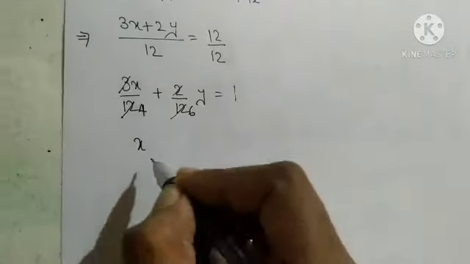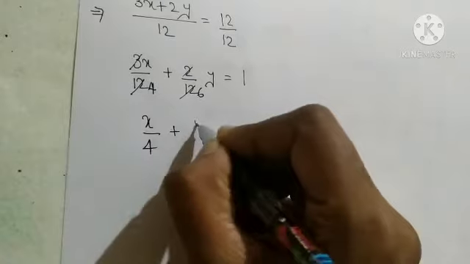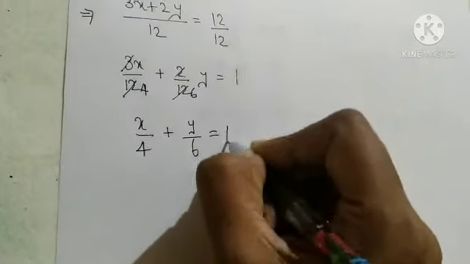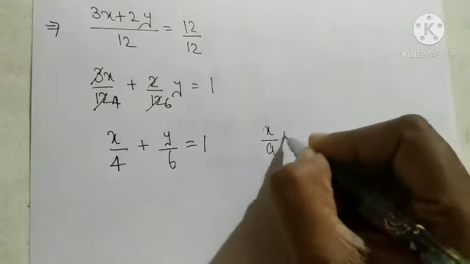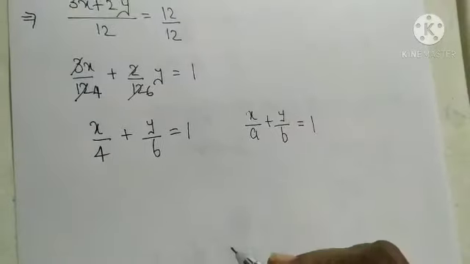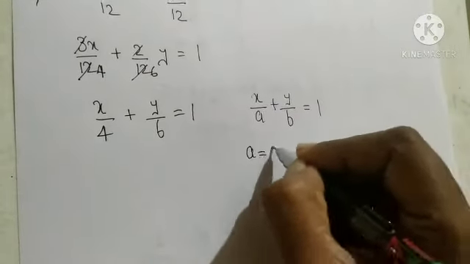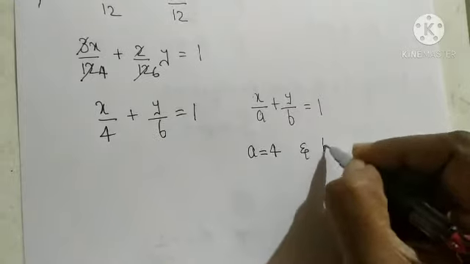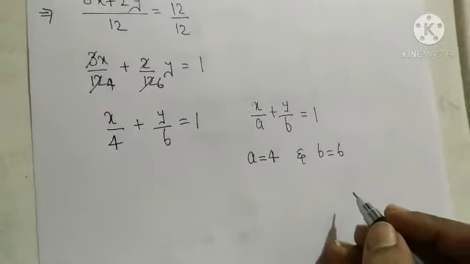And in the next step, it can be written as x by 4 plus y by 6 equal to 1. And this is in the form of x by a plus y by b equal to 1, intercept form. So from this we get the x-intercept a equal to 4 and b equal to 6. Okay, I hope you understood this question.